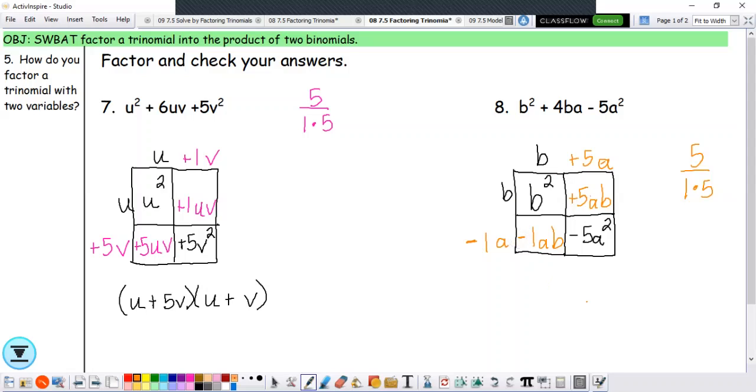If I combine these two terms, I get a positive 4ab. And a positive 5a times a negative 1a is a negative 5a squared. So if we write this in factored form, we have b minus a times b plus 5a.